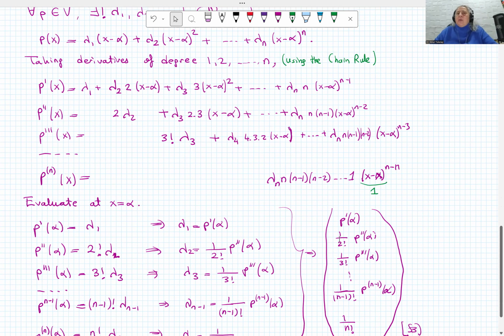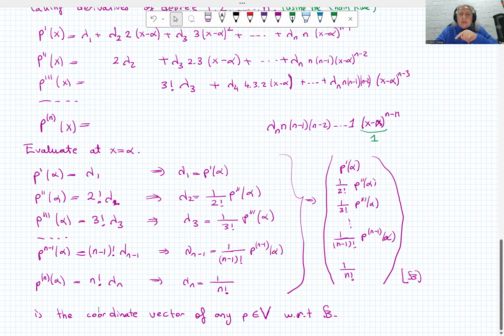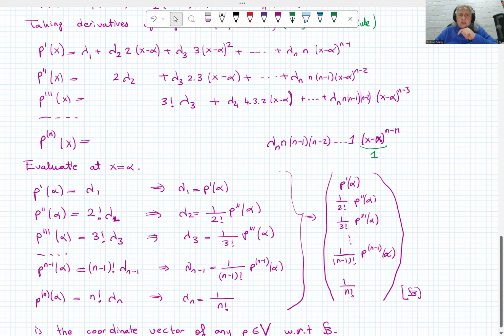Now, if we put x equal to alpha in these values, we will have this 0, this 0, and we will be able to figure out lambda 1, lambda 2, lambda 3, and lambda n. That's what I'm doing here. From here to here, I'm just evaluating at x equal to alpha.